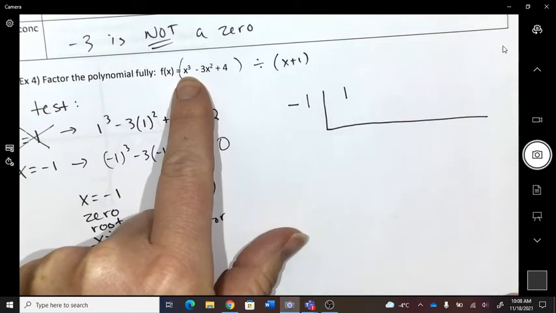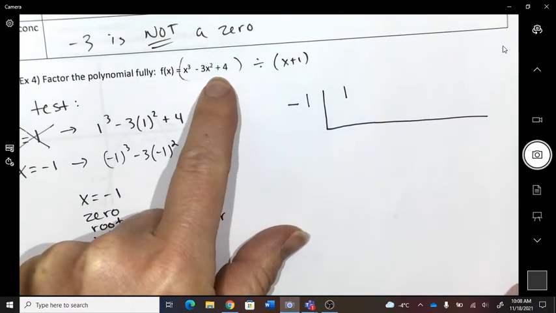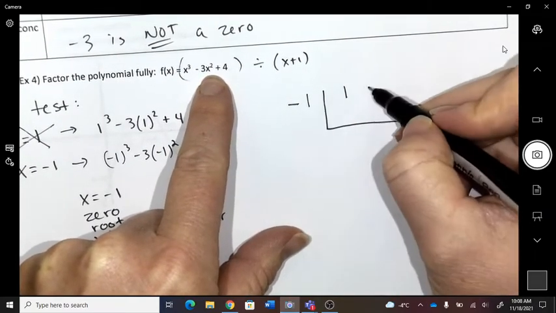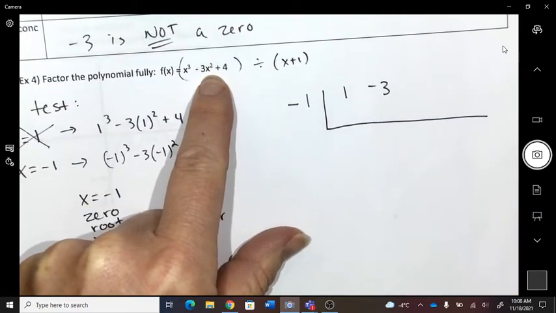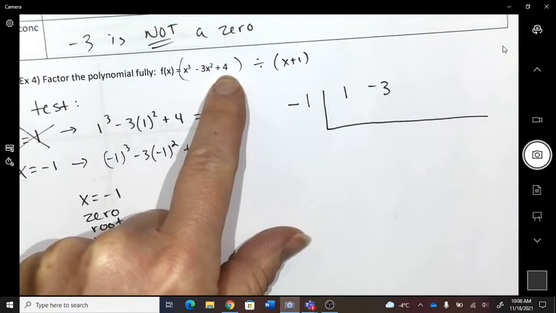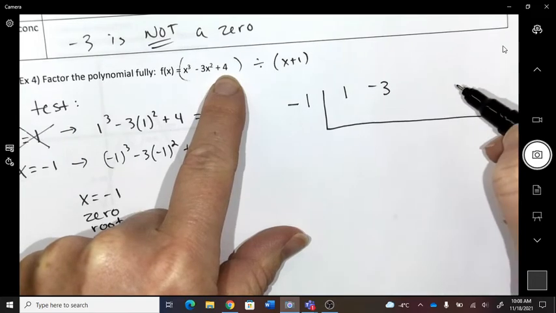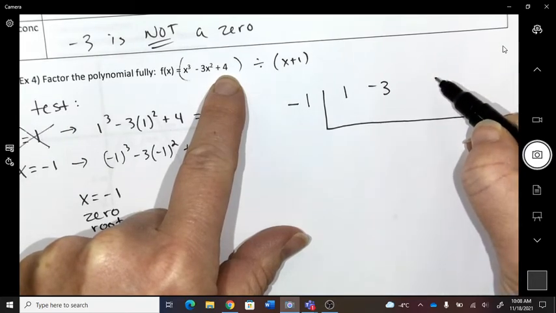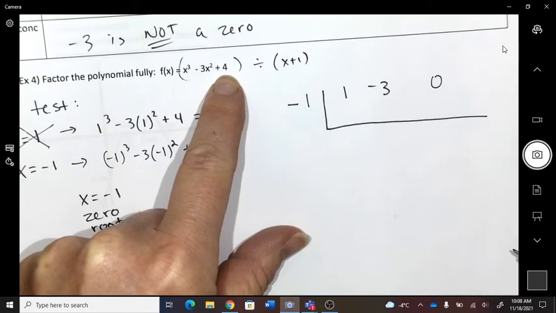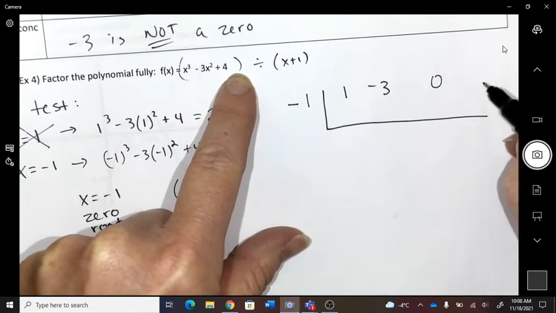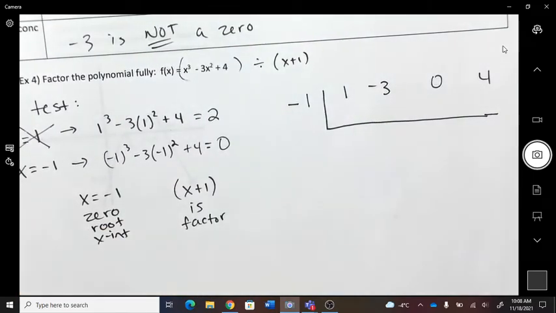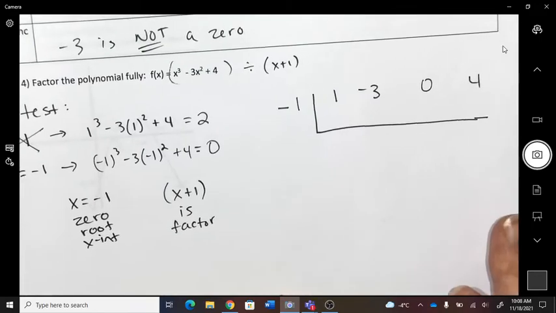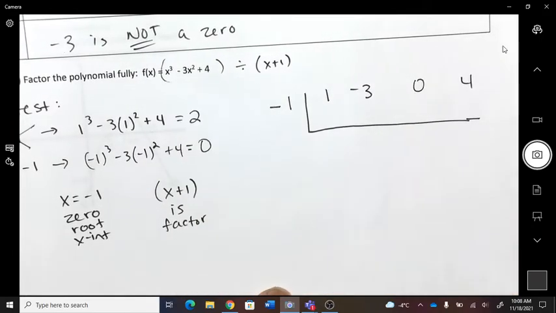So 1 for a cubic, and then a negative 3 for a squared. Then what? 0, because you have no x's, and then 4. Right, do you see that gap? There was no x's.